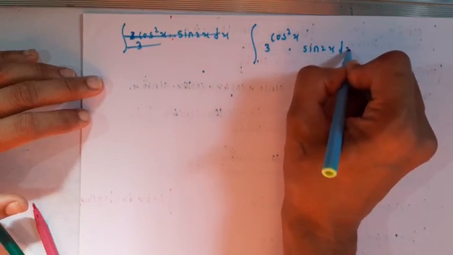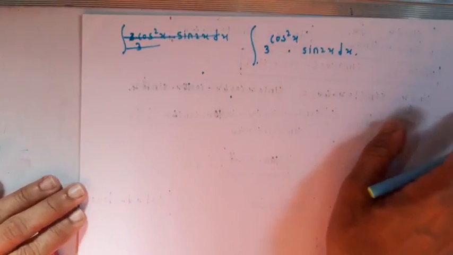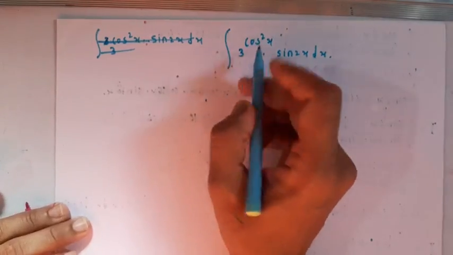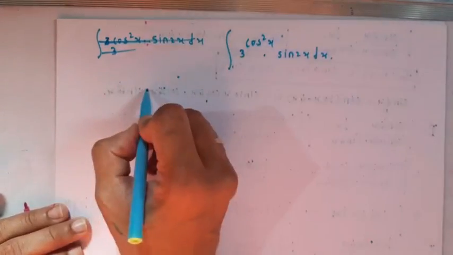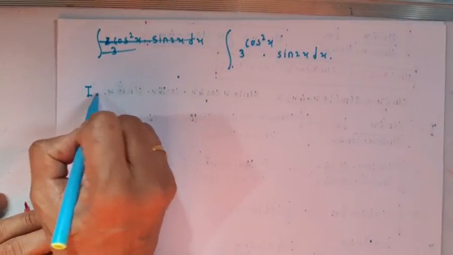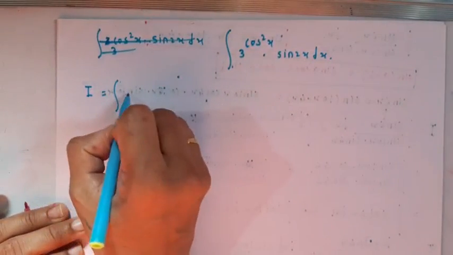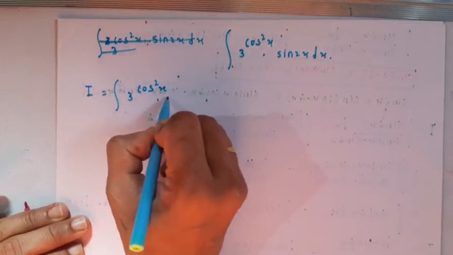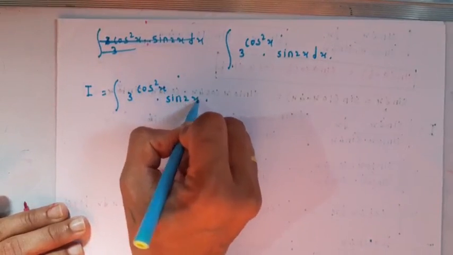So our integration I is 3 raised to cos square x into sin of 2x dx.